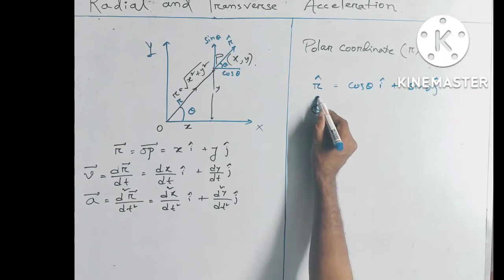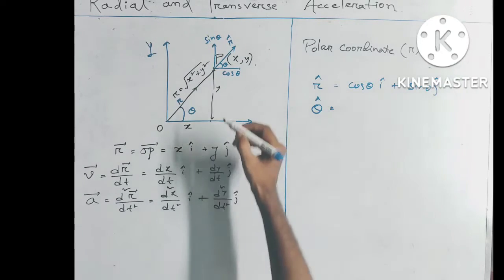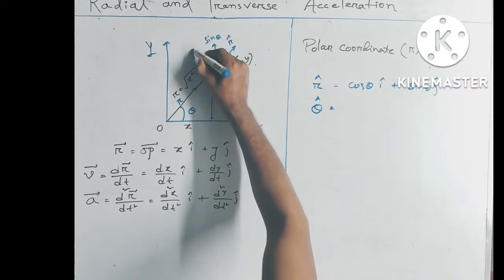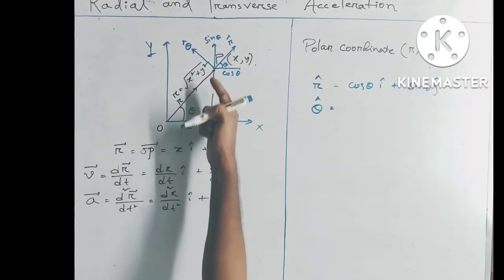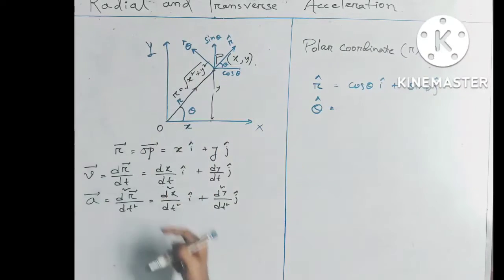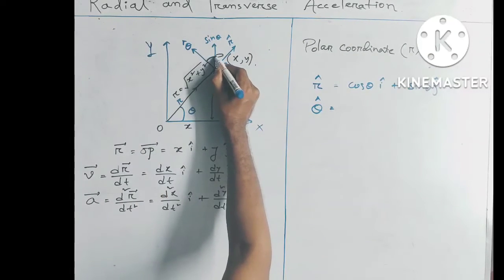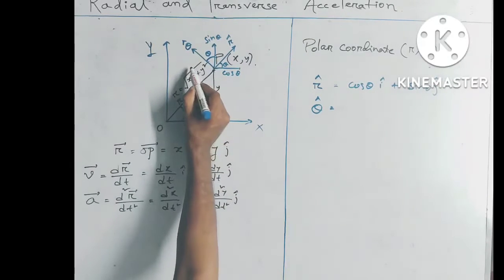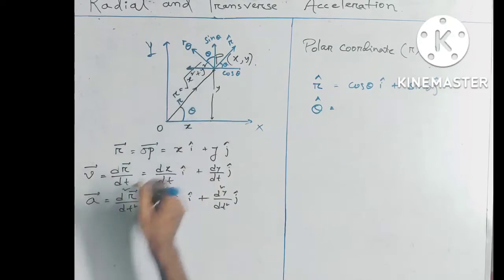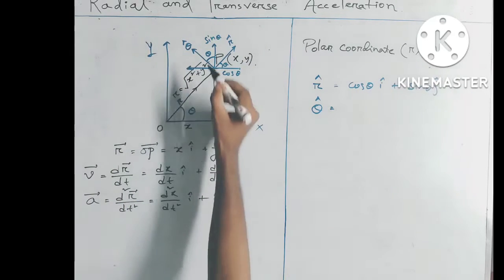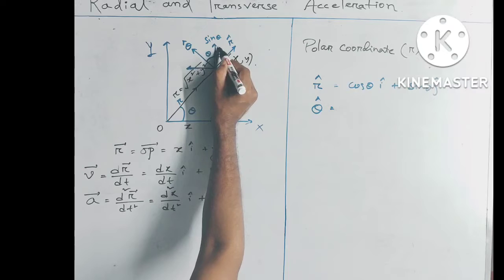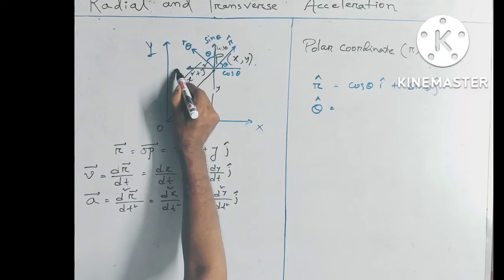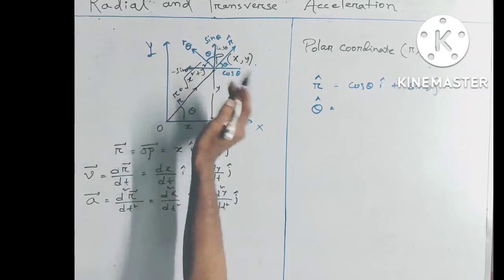Now theta cap. Always remember that theta cap is always perpendicular to r cap, because it always acts tangentially. Tangential component, so it is theta cap. If this angle is theta, then this one will also be theta. Now take this component: for theta cap, this one and this one will be cos theta, and this will be minus sin theta because of the negative direction.